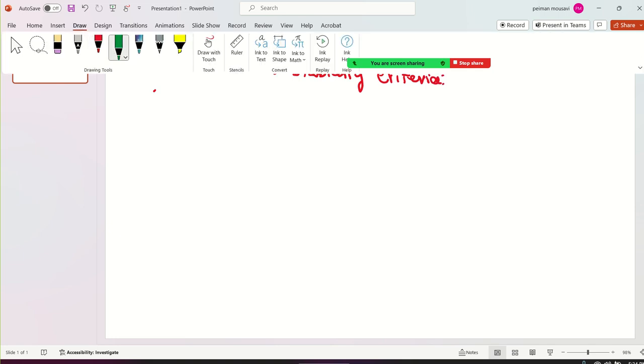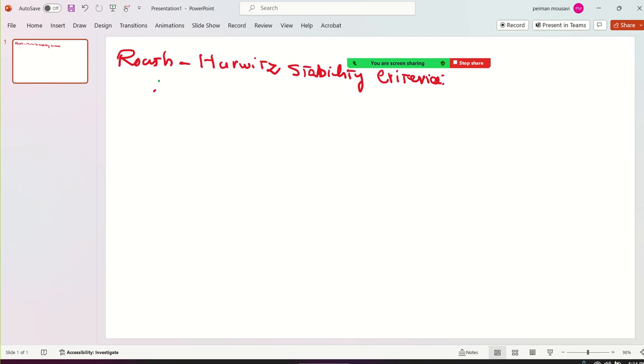So, you know that we can have an nth order system and the closed-loop transfer function Y over X. I'm just writing 1 for now.